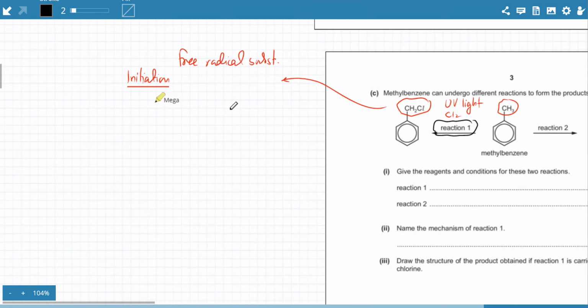In the first step, you have a chlorine molecule, and it breaks down homolytically, so that one electron goes back to each atom. It produces two Cl radicals.